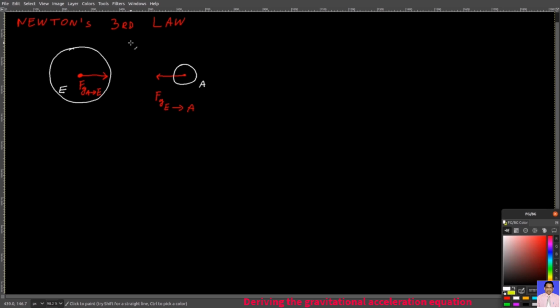And so let's imagine that our inertia frame is right here, and the Earth and object A move with respect to this inertia frame. In this inertia frame, we can write that the magnitude of the force of gravity that Earth applies to object A is equal to the magnitude of the force of gravity that object A applies to the Earth.